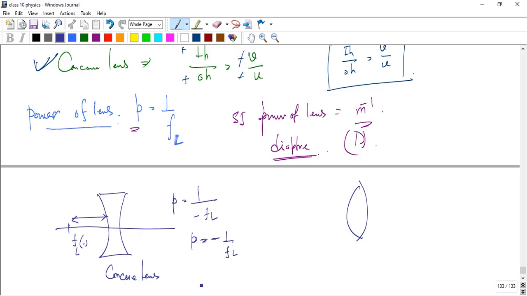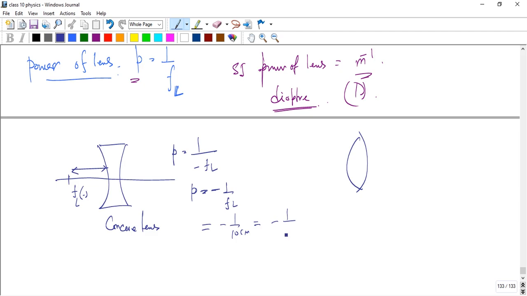Suppose the focal length is 10 centimeter. So 1 by 10 centimeter. That means the power, with 10 centimeter converted into meter, is minus 1 by 10 by 100.